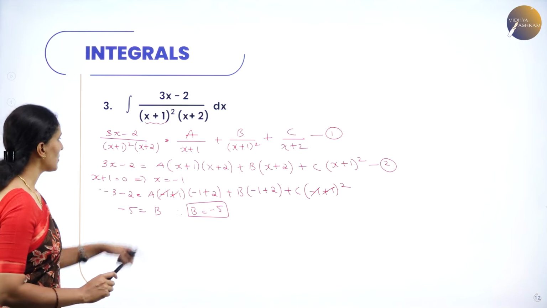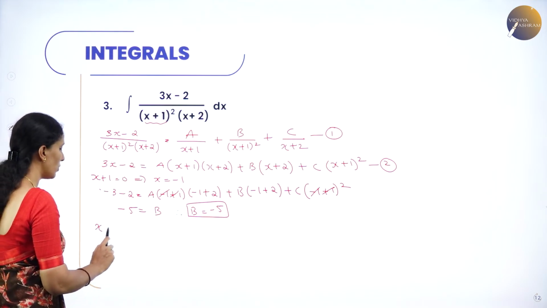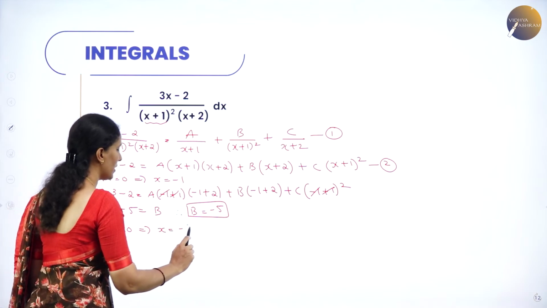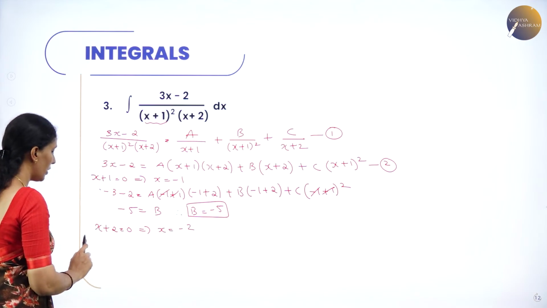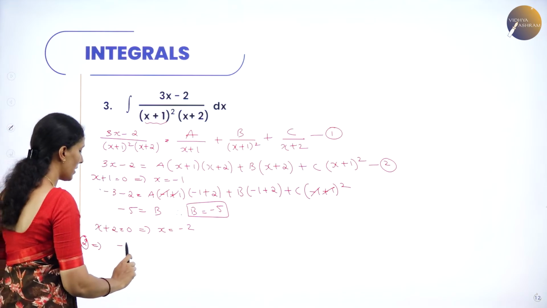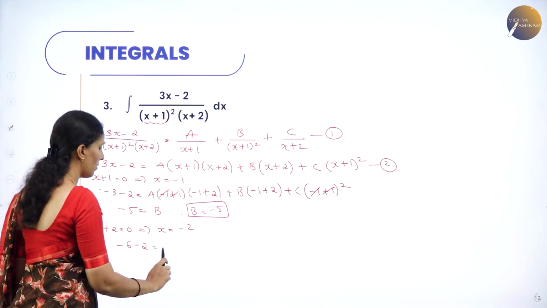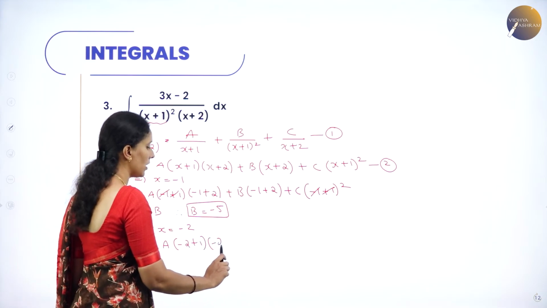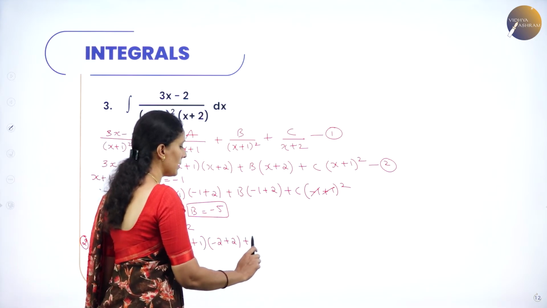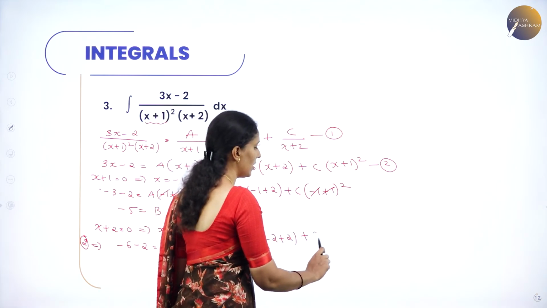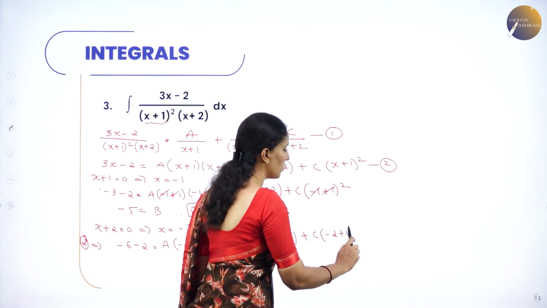Next we take x plus 2. So x plus 2 is equal to 0 means x is equal to minus 2. So in equation 2, if you put minus 2, 3 into minus 2 minus 2 is equal to a into (minus 2 plus 1)(minus 2 plus 2) plus b into (minus 2 plus 2) plus c into (minus 2 plus 1) whole square.